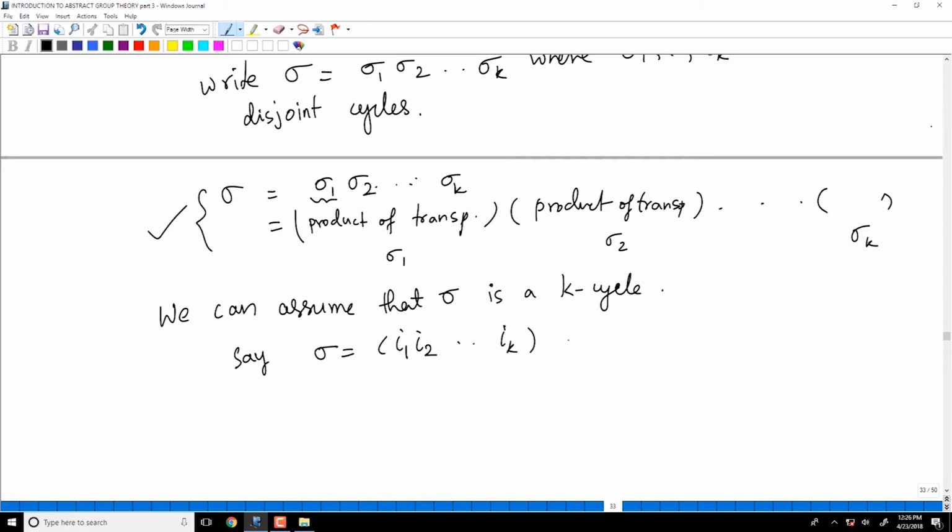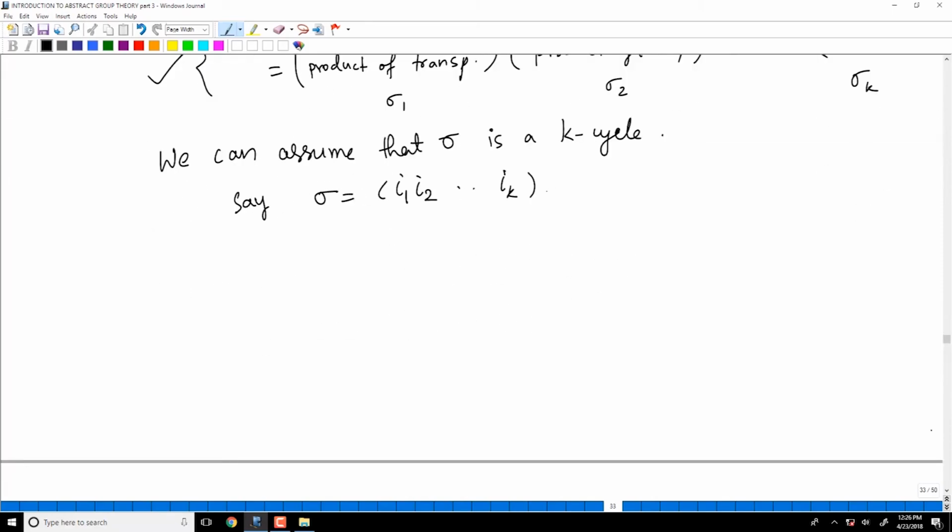Now if you just stare at this for a bit, you can see how to write this as a product of transpositions. So we can write sigma as, I'm going to write it like this. Keep in mind that what sigma does is it sends i1 to i2. So let me put (i1 i2) here.